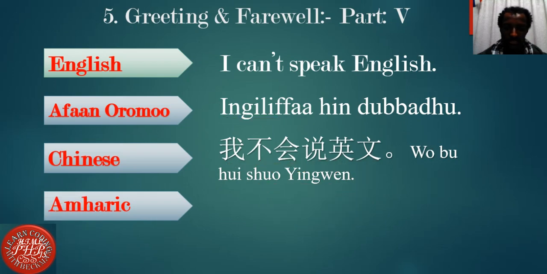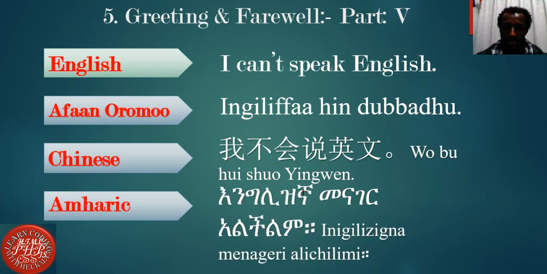Let's go and see in the case of Amharic. It will be like this: እንግሊዘኛ መናገር አልችልም. እንግሊዘኛ means English. መናገር means to speak. አልችልም means can't or not able to do something.